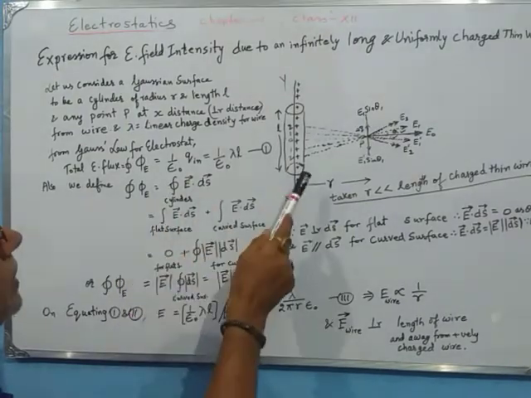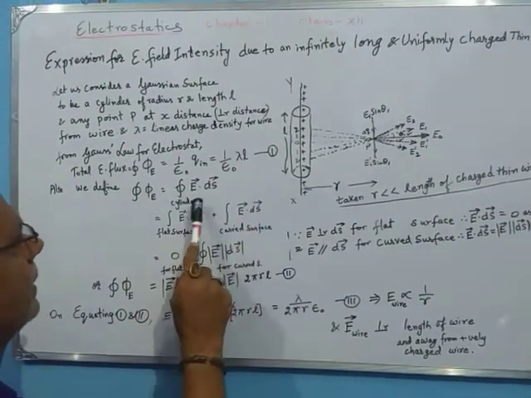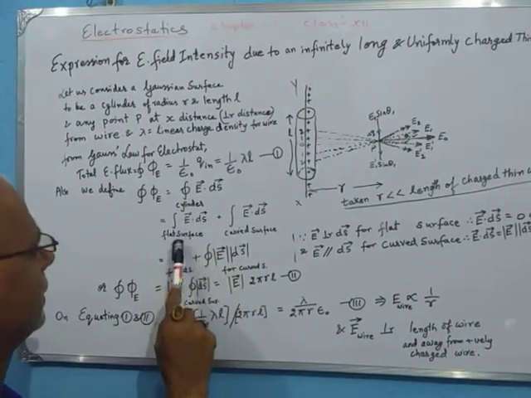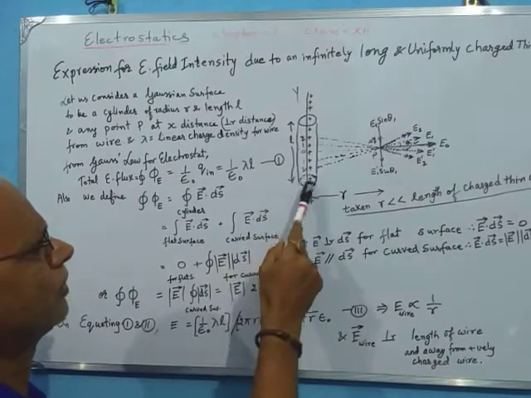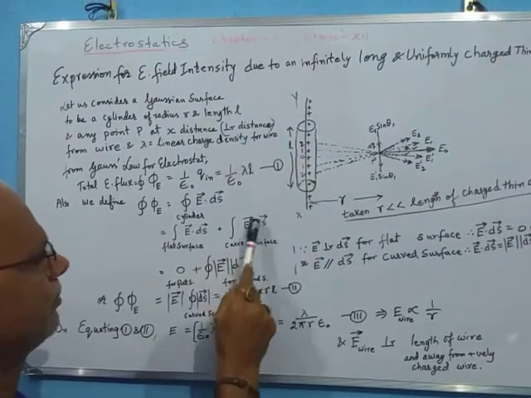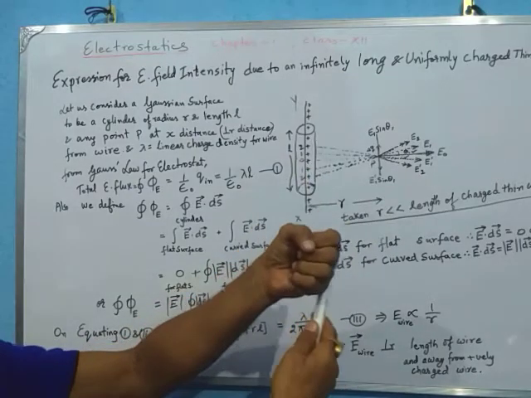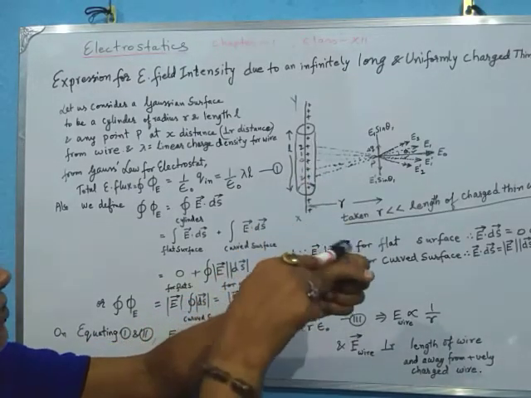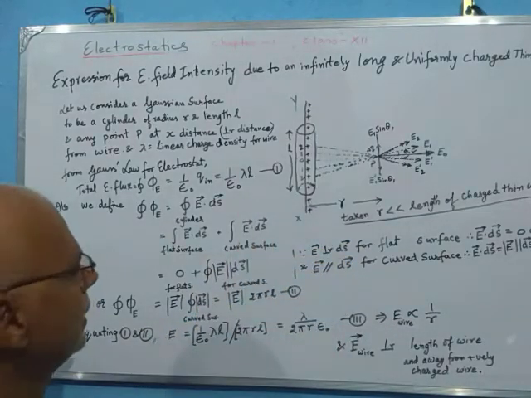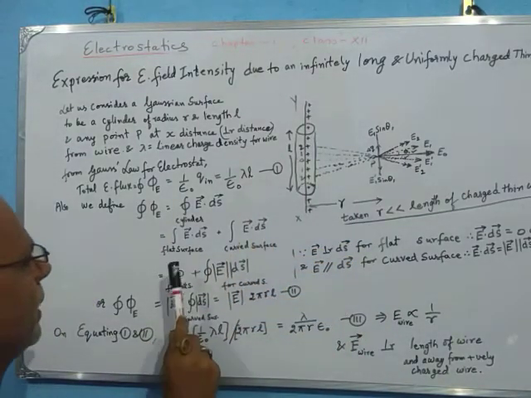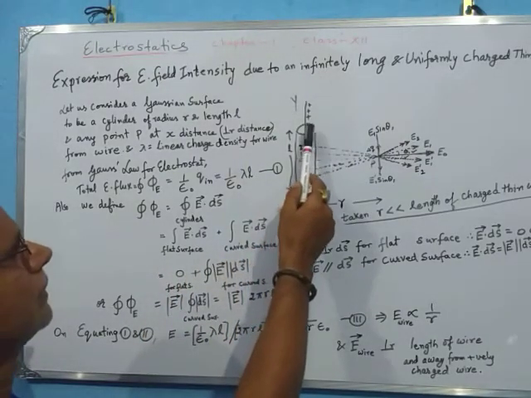For the whole cylindrical Gaussian surface, we can divide the integration into two parts: integration for the flat surfaces of the cylinder and integration for the curved surface of the cylinder. These are the curved surface, and these two, top one and bottom one, are the flat surfaces of the cylinder.